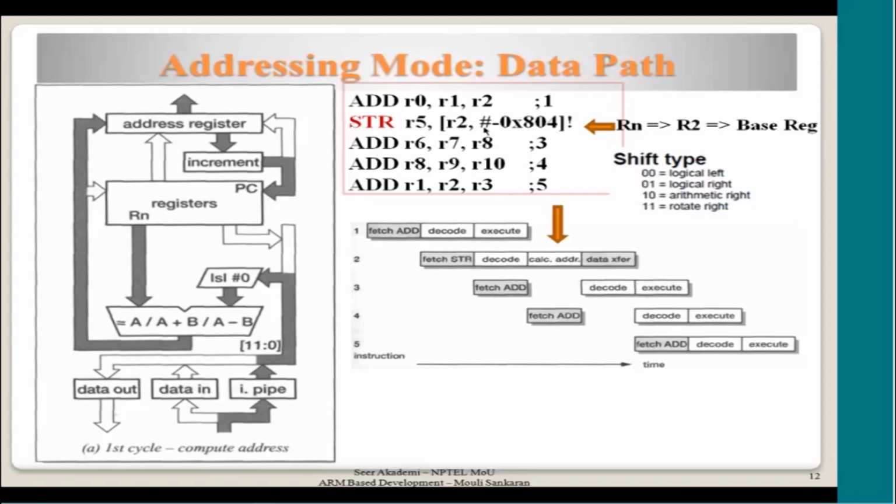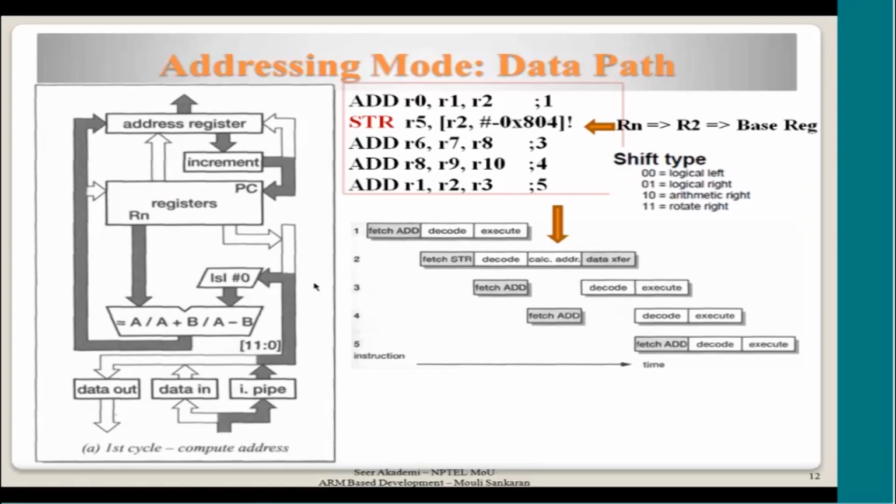Now it is not that easy. The processor architecture should support it, because the ALU should hold the value it has computed so that it can be used for writing into the register in the next cycle. I am just telling you why this is not grayed out. So it directly writes into this, but it doesn't write into the register file. I hope this is very clear to you.